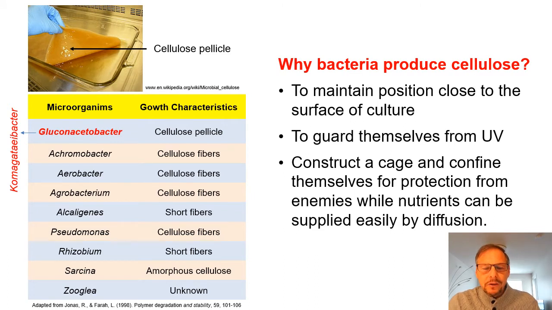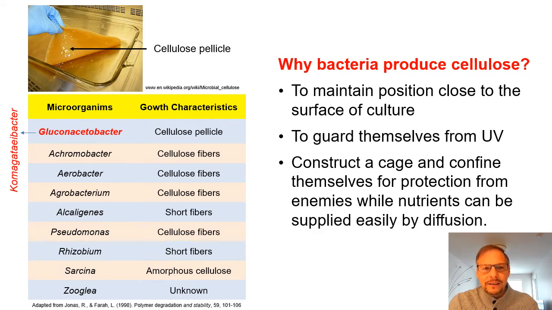But anyway, the main reason for the bacteria to produce cellulose has to do with the possibility for the microorganism to access the surface and in that way access air, because those microorganisms that we are dealing with are aerobic and they use air and whatever we have in the culture medium, the nutrients, to biosynthesize, to produce cellulose.